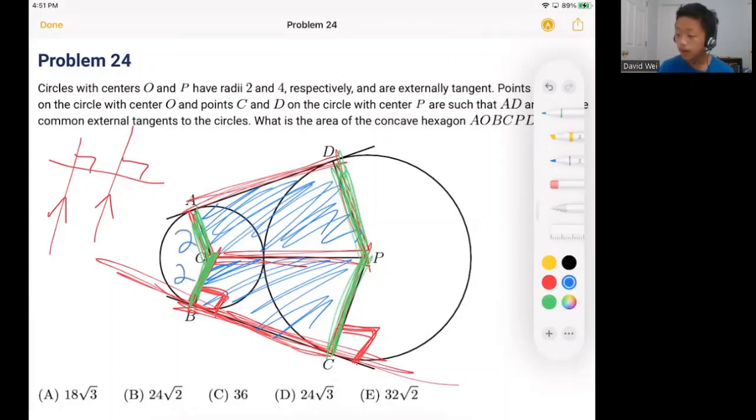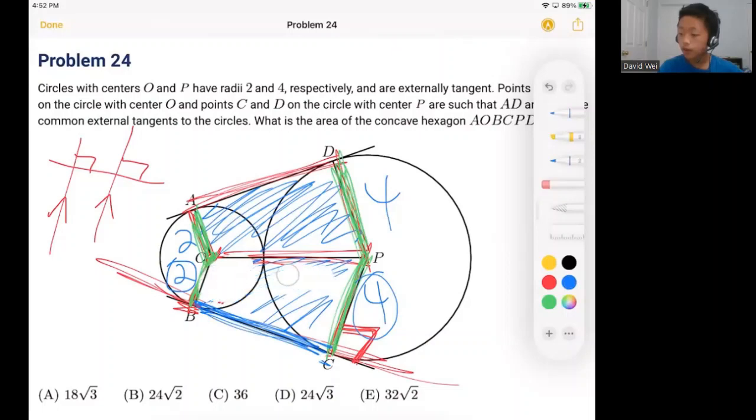And the radius of the other circle is 4, 4. So we already know the two bases. They're 2 and 4. All we have to do is find the length of this height here, and then we can find the area of the trapezoid.